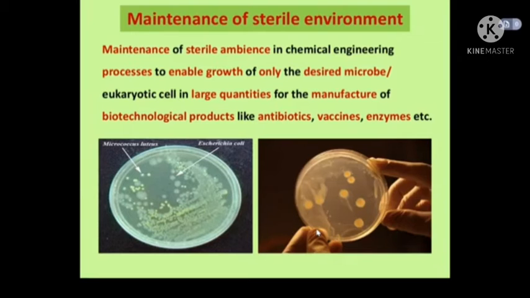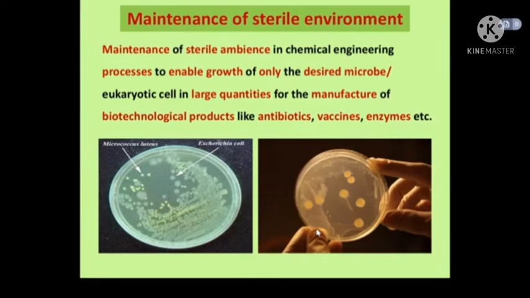That's why that particular microorganism alone will be grown. If it is done in an unsterile condition, what will happen? So many other microorganisms will also grow in the medium, so that what you have decided will not take place.